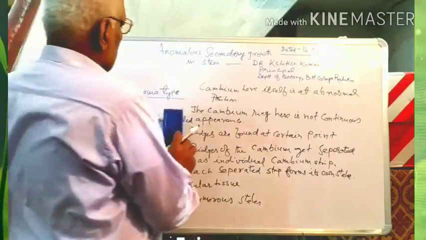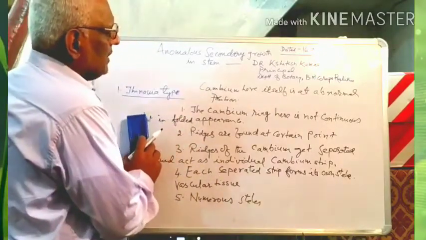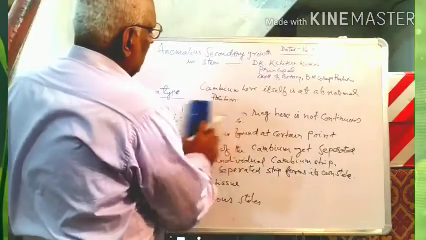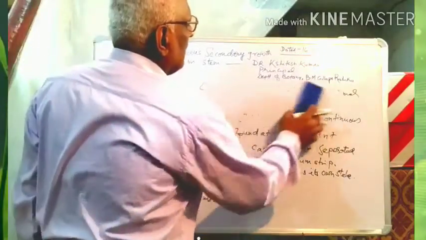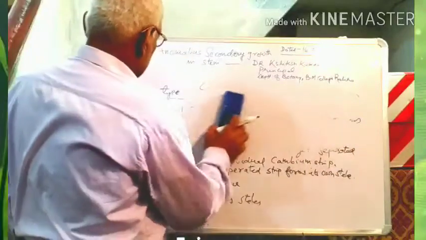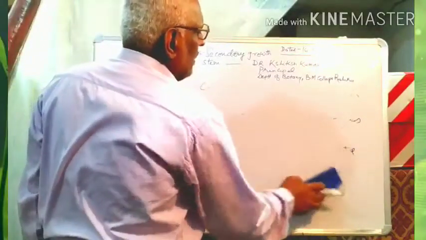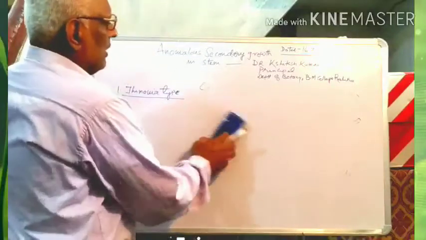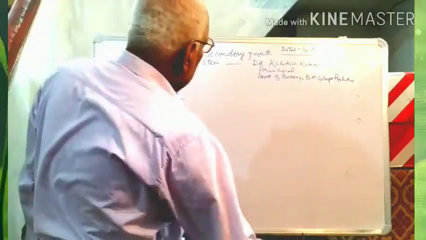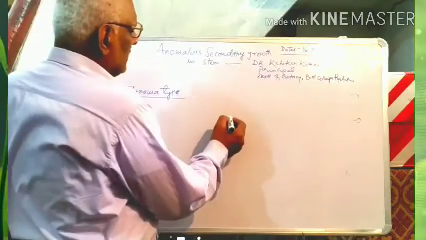Now I am sketching the topographical structure of the Thionia stem, which is formed after the anomalous secondary growth.